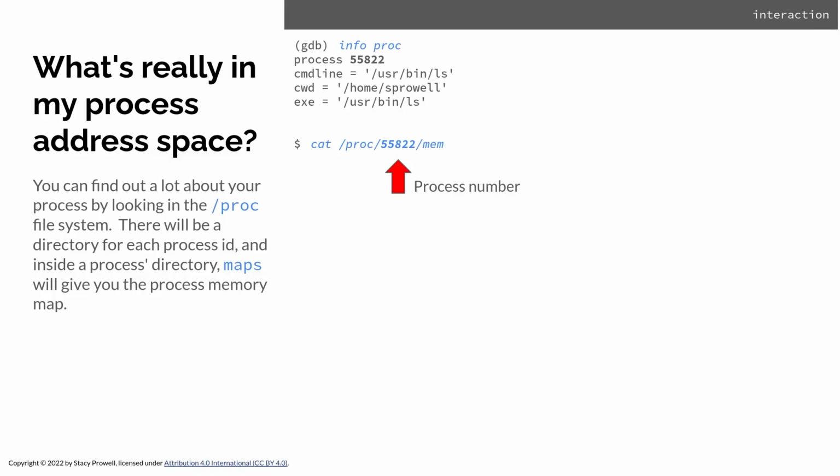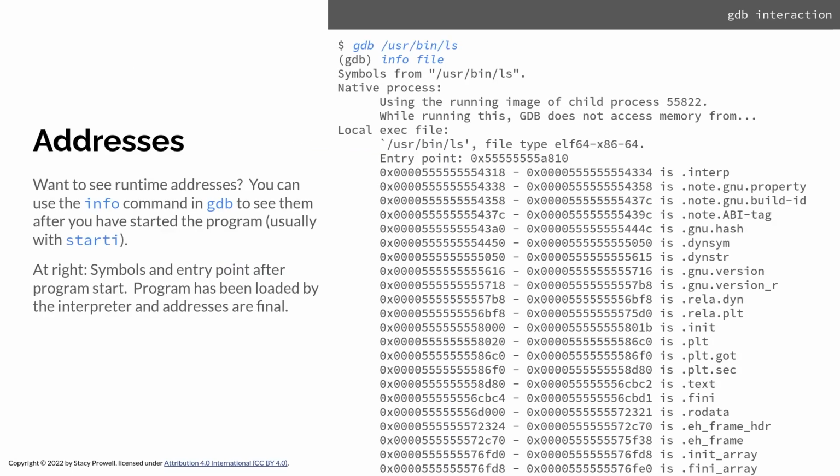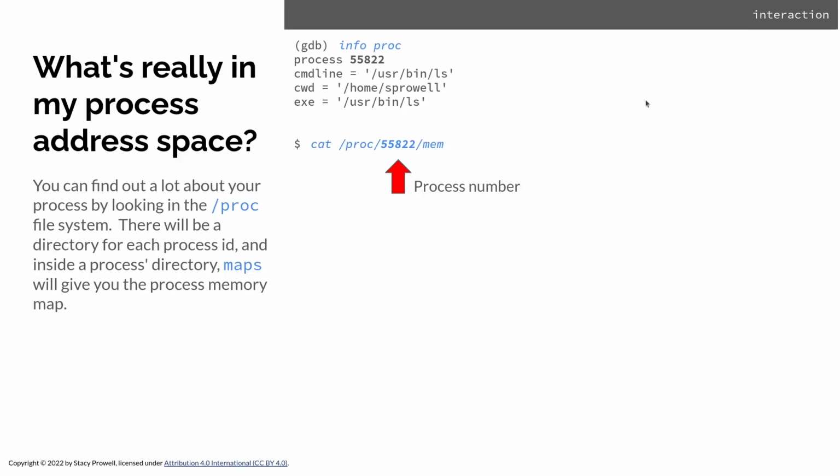What's really in an address space? So let's go back for just a moment. Remember that when we did this, it told us the PID of the process, 55822. We can also get that with info proc. Once we have that, we can go to the proc file system and look at the process memory by saying cat /proc, the PID, and maps.